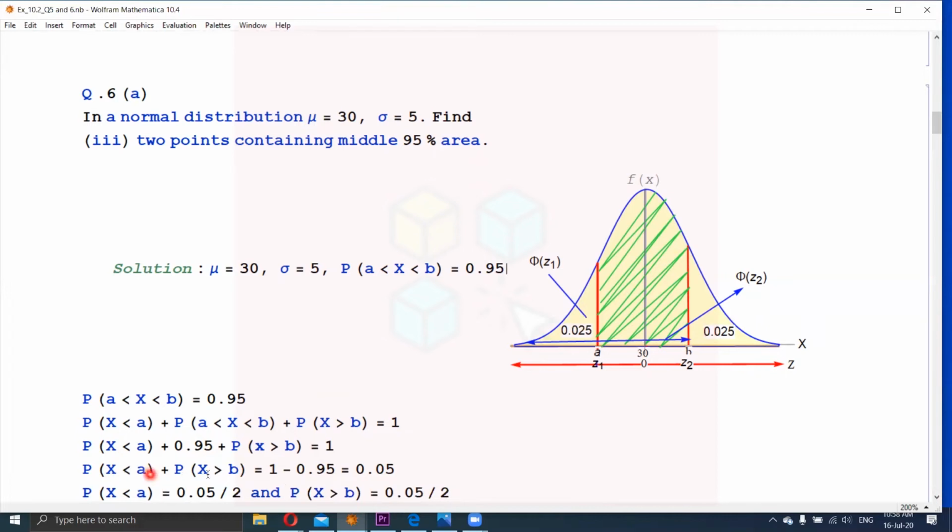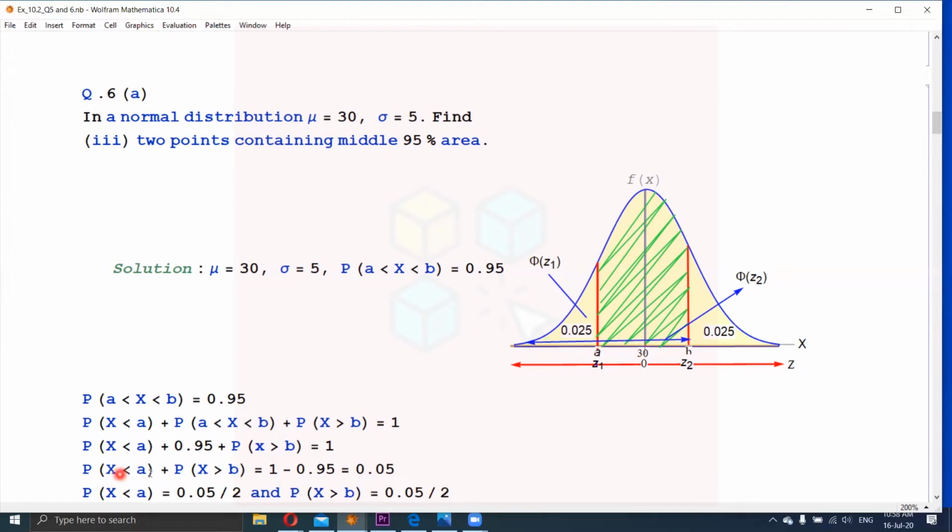So by adding these two probabilities, we have the sum 0.05, and both are equal parts of the curve. So half of this 0.05 is for probability X less than A, and half of this is for X greater than B.